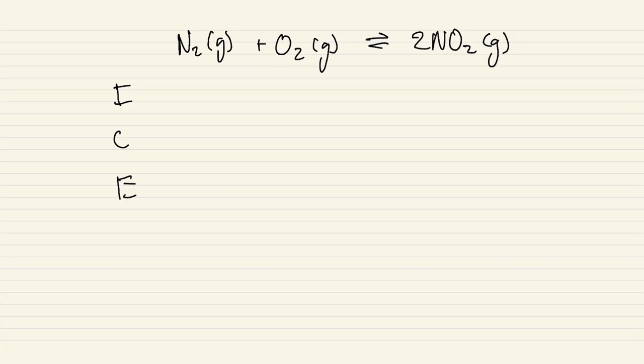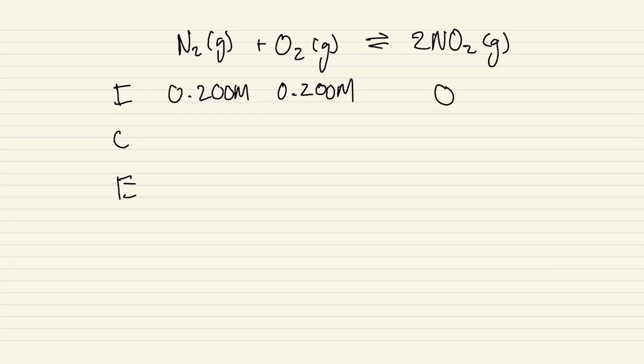Okay, so what is our initial value for each of these reactants? For both N2 and O2 it was 0.200 molar, and then our initial for the product was 0, right?